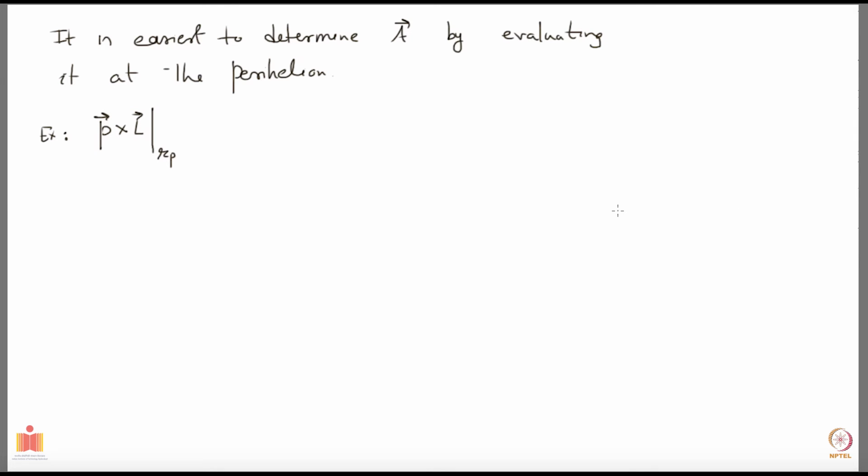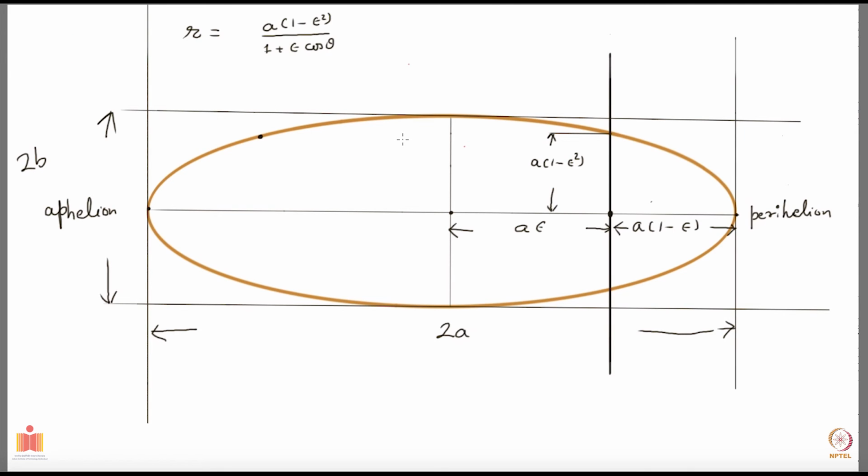Okay, please show that this is equal to the following: mu k times 1 plus epsilon, where k is the thing which appears in the potential and mu is your reduced mass, epsilon is the eccentricity, times Rp over Rp. Okay, so that is what you should get.